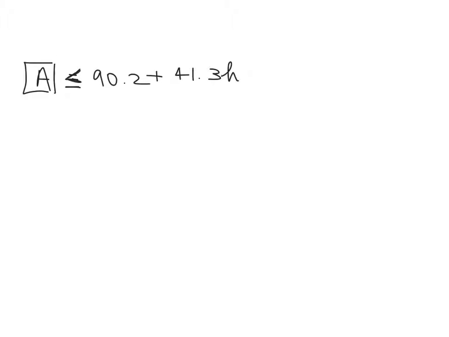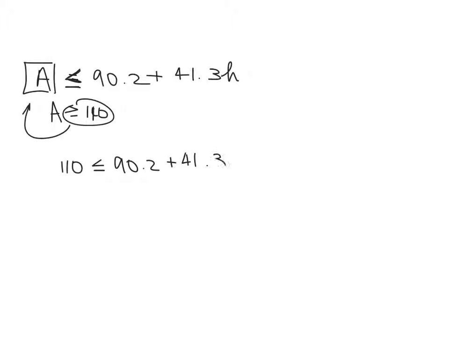They tell us that we're trying to make sure that A is greater than or equal to 110 degrees. So instead of using A here, we're going to put 110 in its place. So 110 is less than or equal to 90.2 + 41.3H.